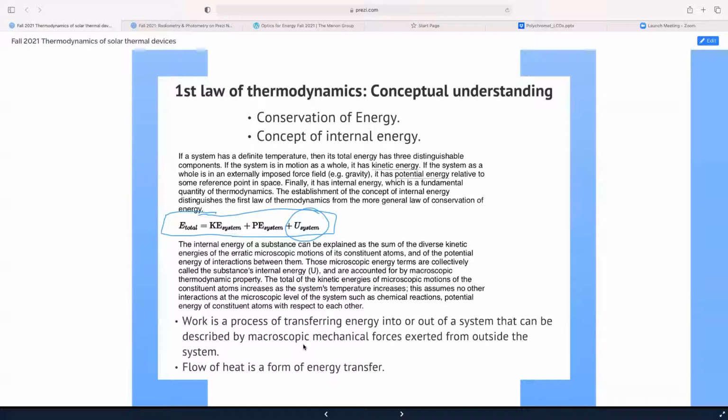Current multiplied by the potential over which the electrons are moving gives you the power or the work done by the solar cell. So all of this will connect to the solar cell as well. Now, of course, flow of heat is a form of energy transfer.